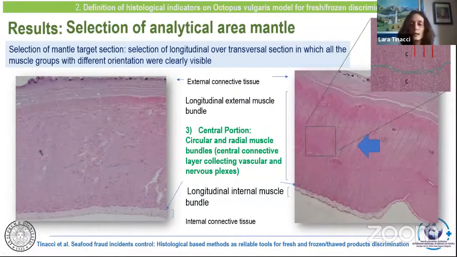As you can see, you can observe a multi-layer tissue that is confined by two connective tissue layers, and in the middle is represented by different muscle bundles going in different directions. For the purposes of our studies, we finally selected the longitudinal section, which was the one that guaranteed us the visualization of all the three directions of the muscle bundle.